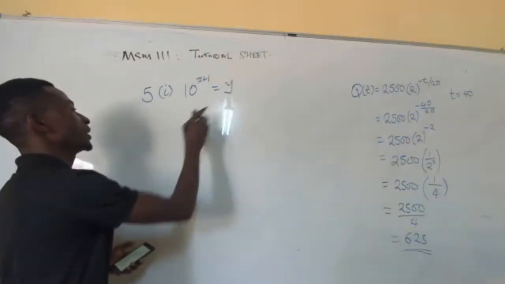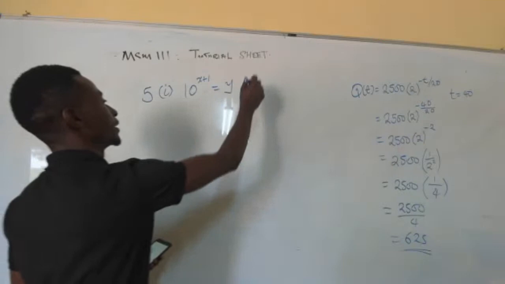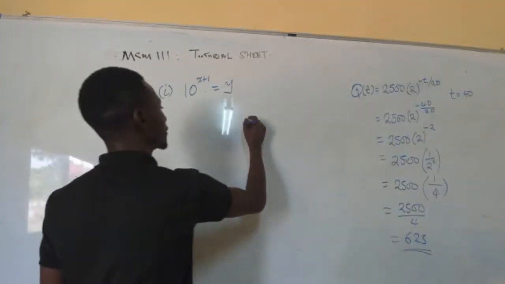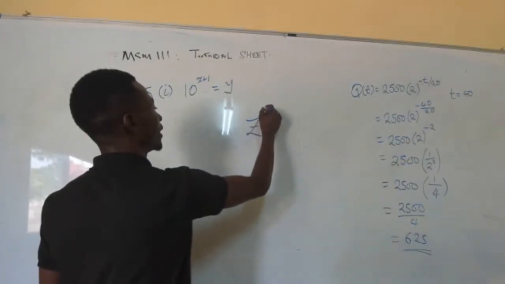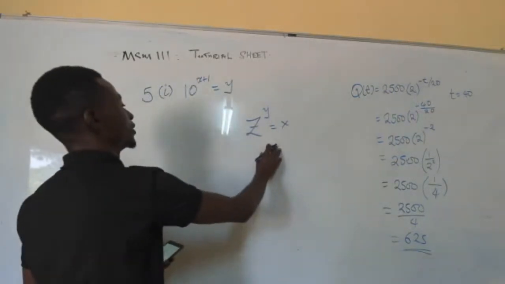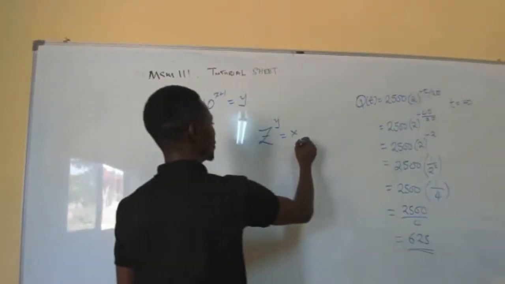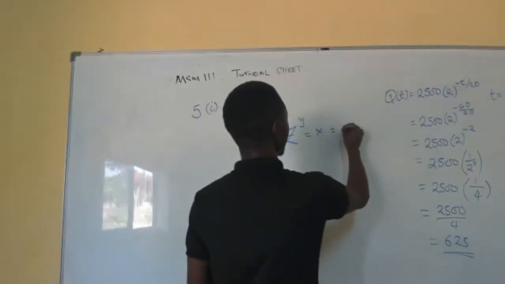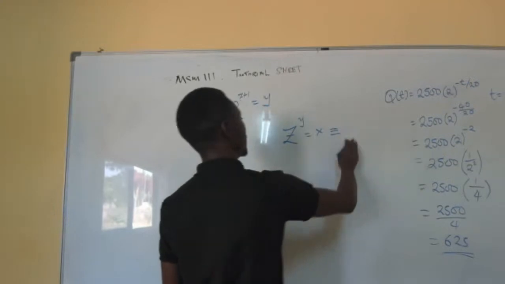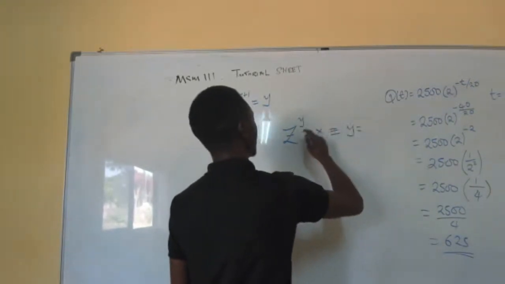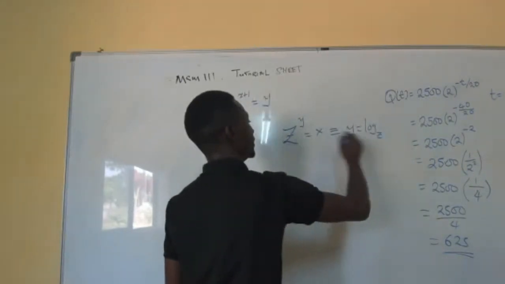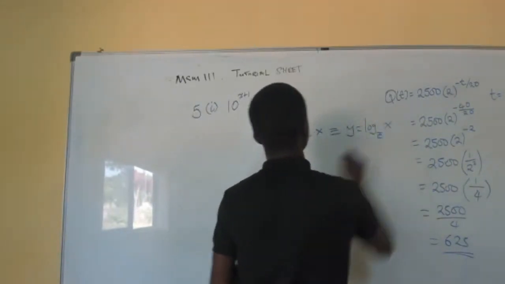So solving this question, recall that the following are equivalent. If you have z to the power y equal to x, this is equivalent to y equal to log z x.